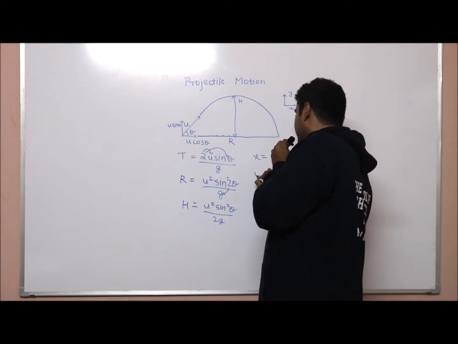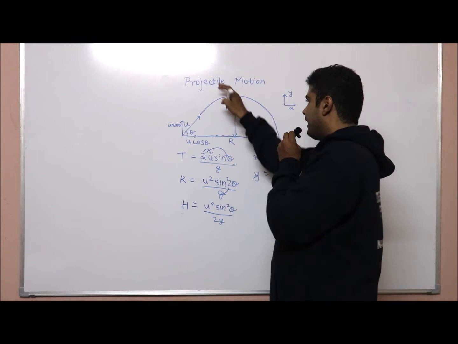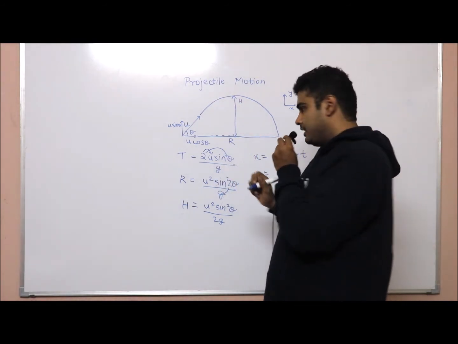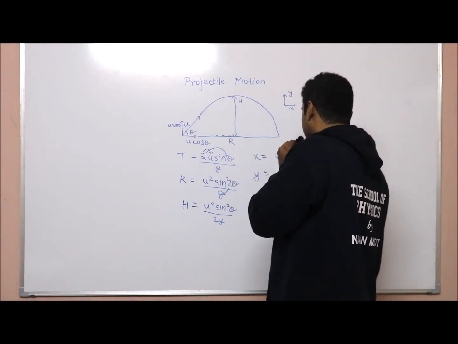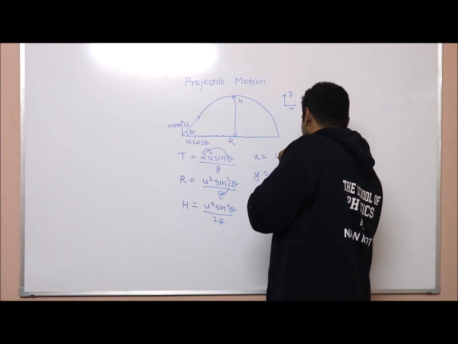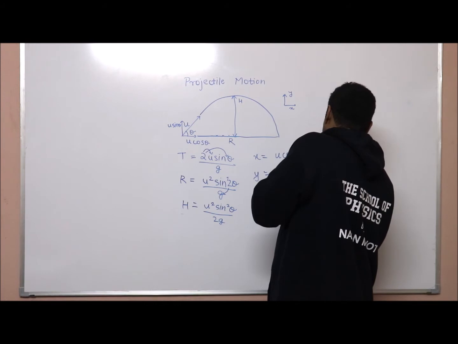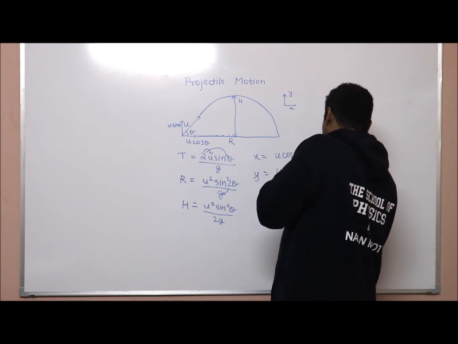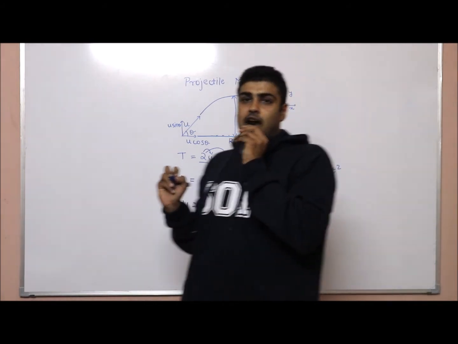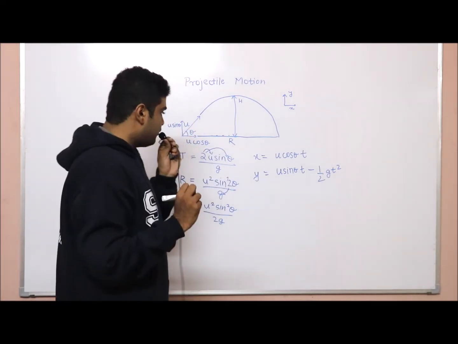And what will be the distance covered in the y direction at any time t? It will be written as u sin theta into t minus half gt square. These results are derived from the 3 equations of motion.